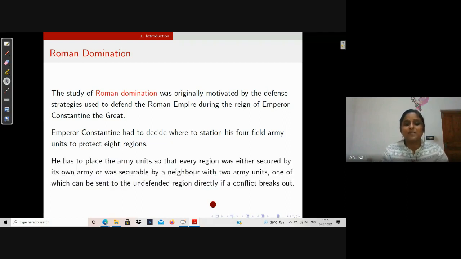He has to place the army units so that every region was either secured by its own army or was securable by a neighbor with 2 army units, one of which can be sent to the undefended region directly if a conflict breaks out.